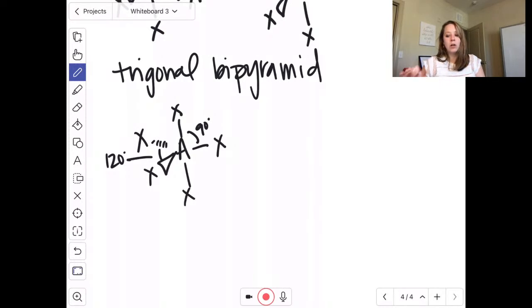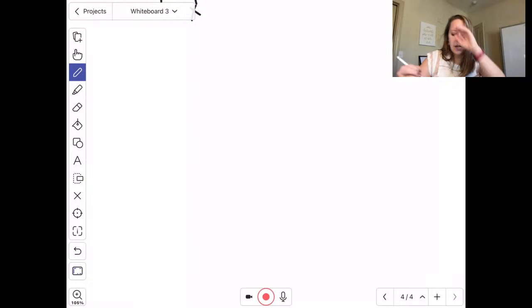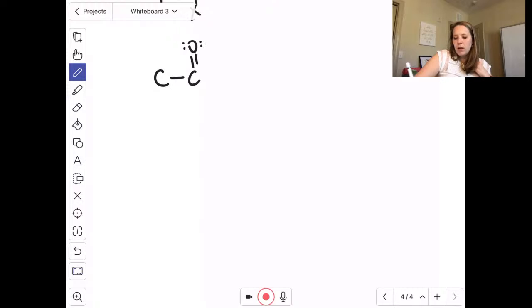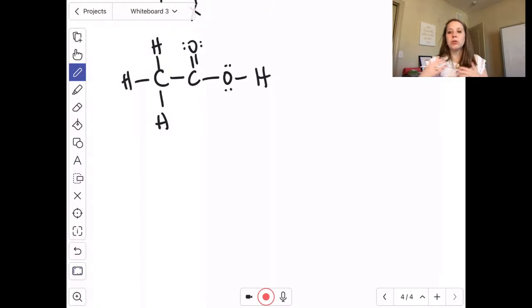If you're provided a large molecule, let's say acetic acid, which looks like this, or something significantly larger, and there are a bunch of other examples, we'll do one in the live session this afternoon, we can approach each individual central atom, so it would basically be this carbon, this oxygen.